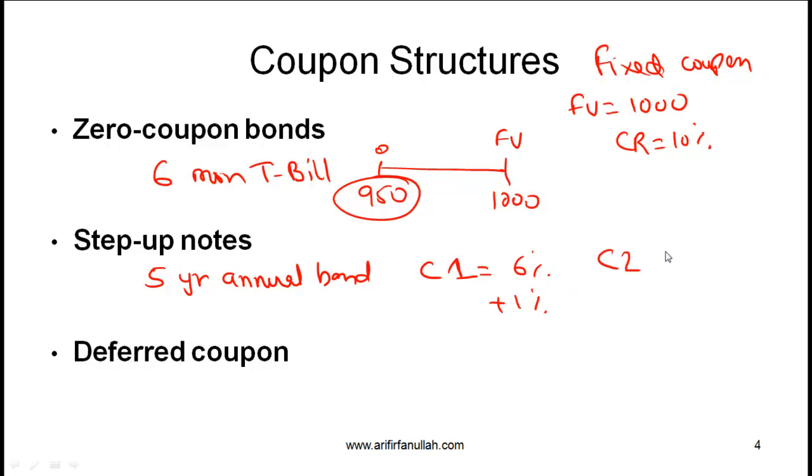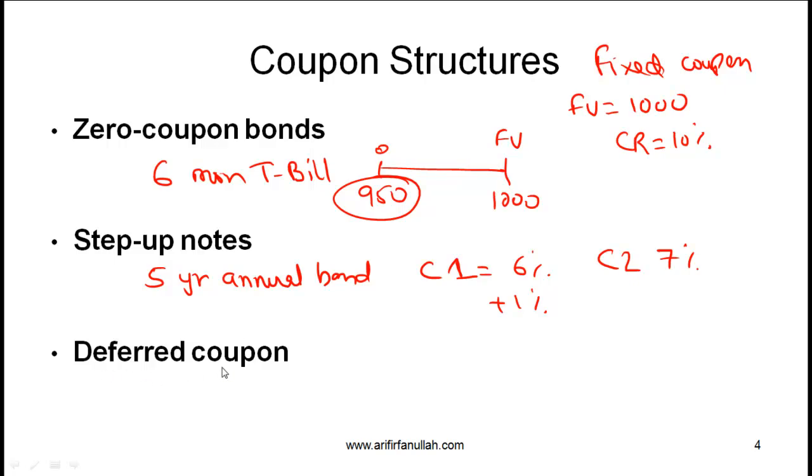So the second coupon then would be 7% and so on. So this is a simplistic made up example, but the whole idea here is that the coupon rate goes up based on a formula that is defined when the bond is issued.